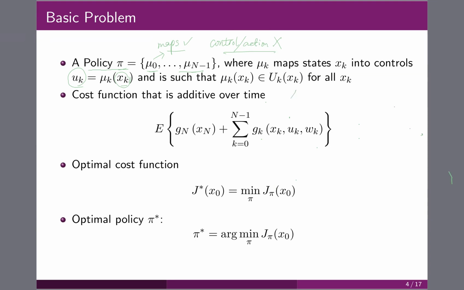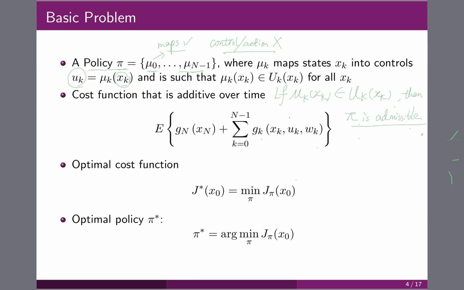If for each mu k, for each state xk, we have mu k xk belonging to the set of available actions, controls, then we call this policy pi admissible.